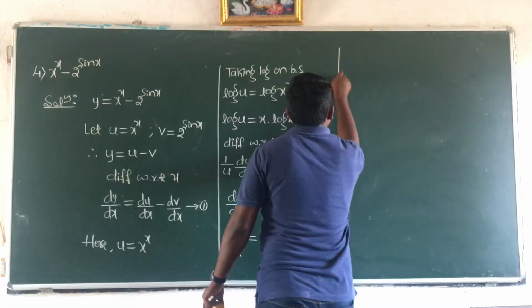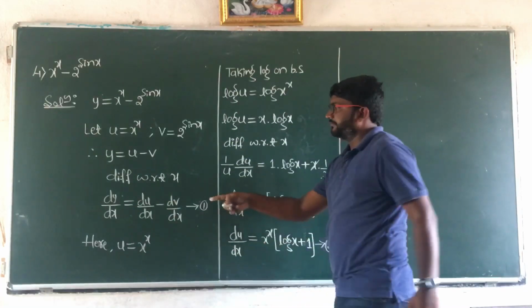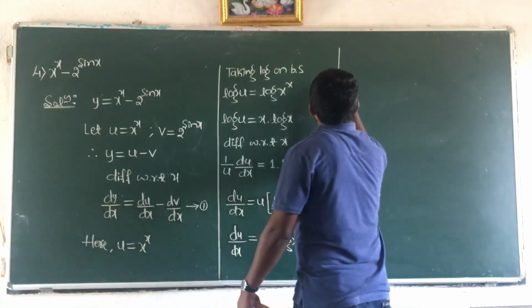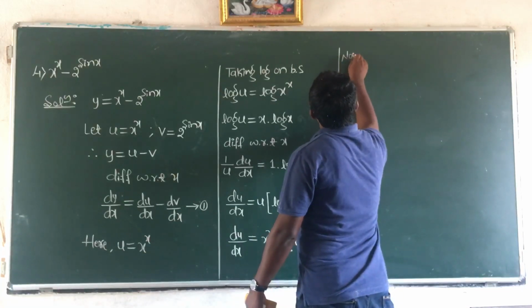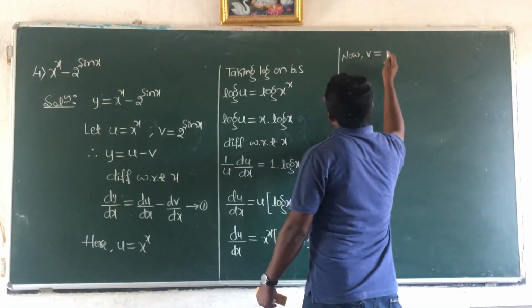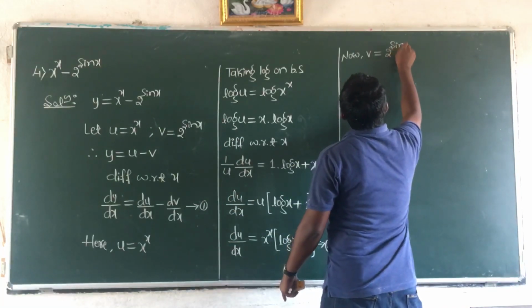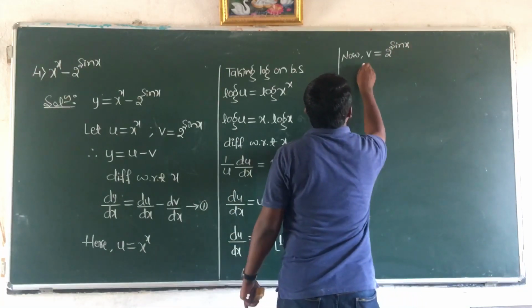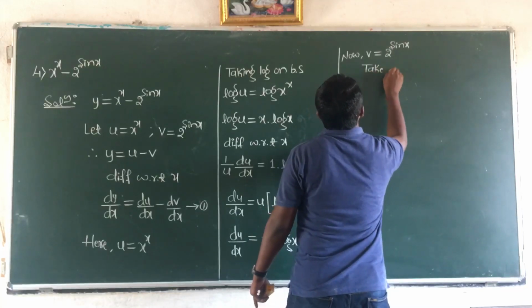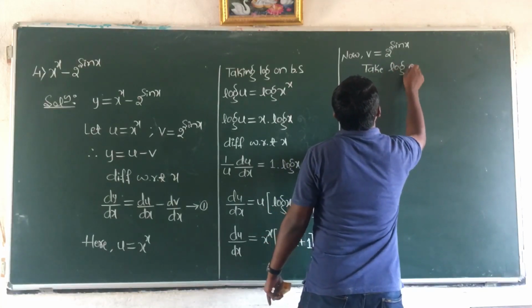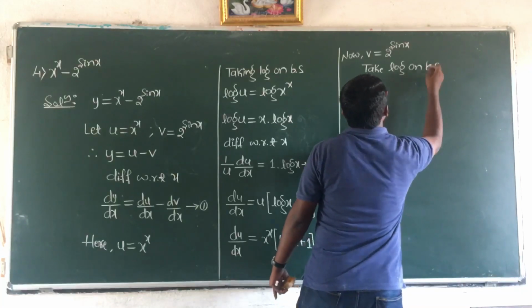So now I will consider v. So now v is equal to 2 to the power sin x. Now take log on both sides.